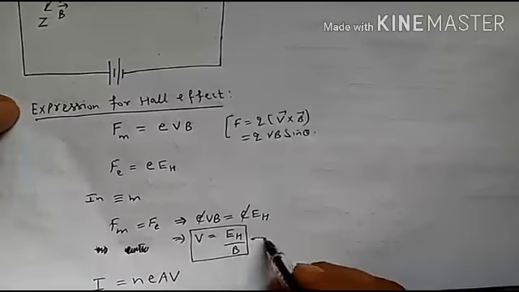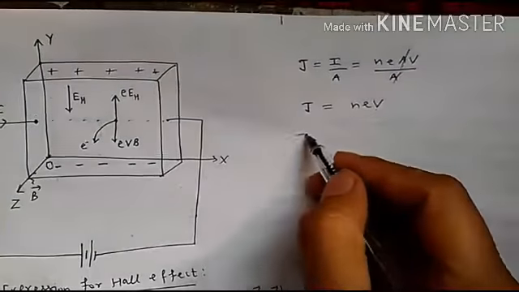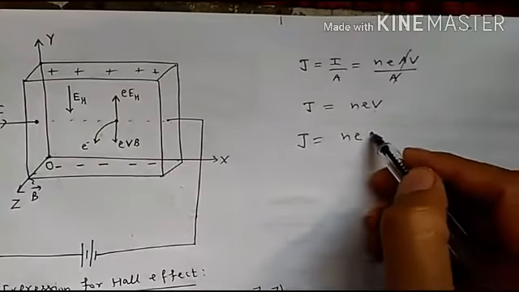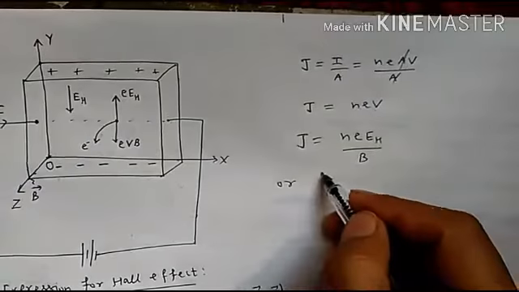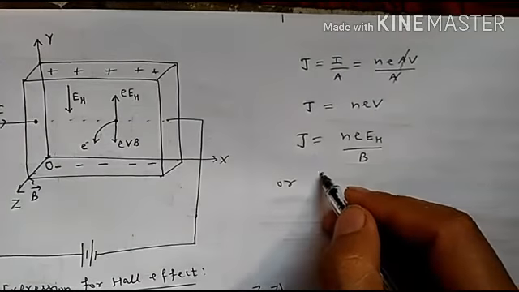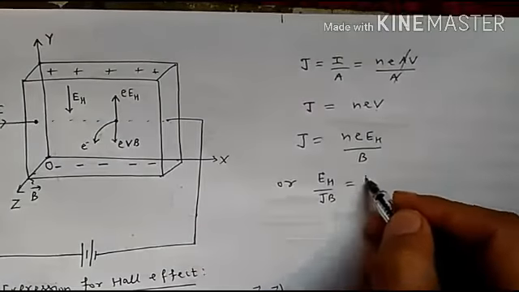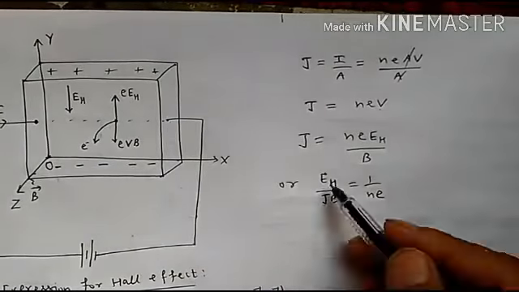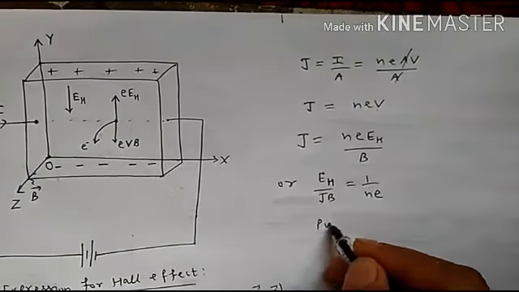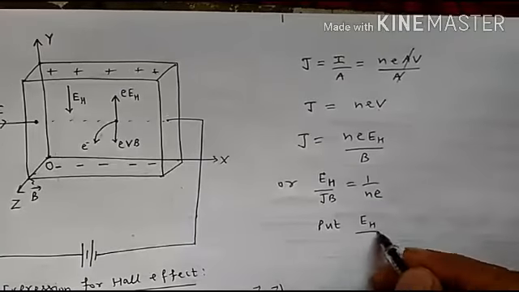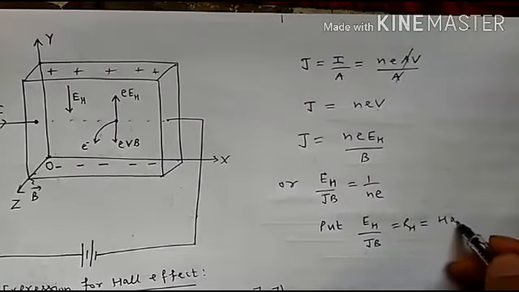Put the value of v from first, we get J is equal to n e EH upon B, or we can write EH upon JB equal to 1 upon ne. This term EH upon JB represents Hall coefficient, so we put EH upon JB equal to RH, called as Hall coefficient.